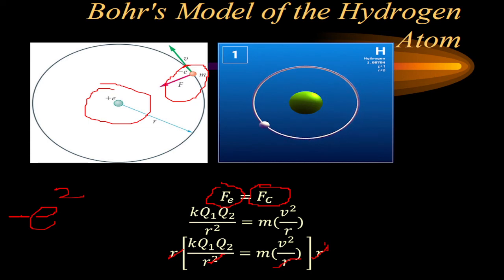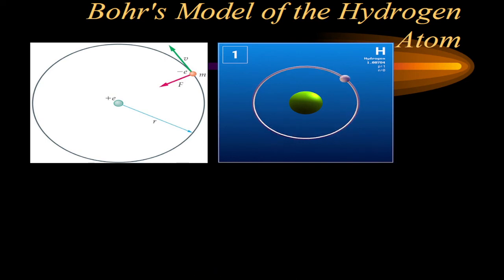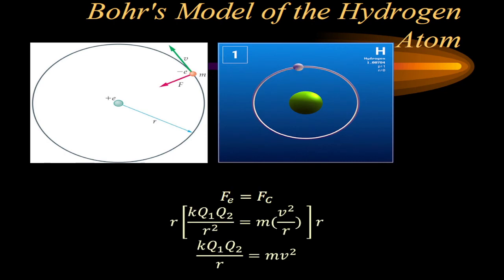So from this equation, we can solve for the velocity of the electron. All right, so once we simplify, it's gonna be like this. So we can solve for the velocity right here by dividing both sides by m.